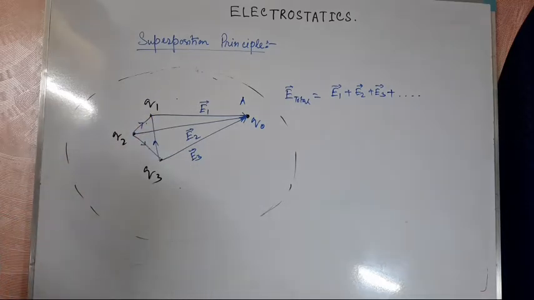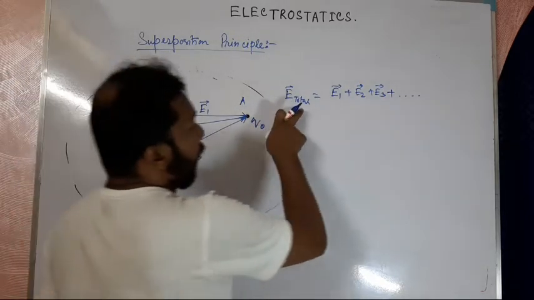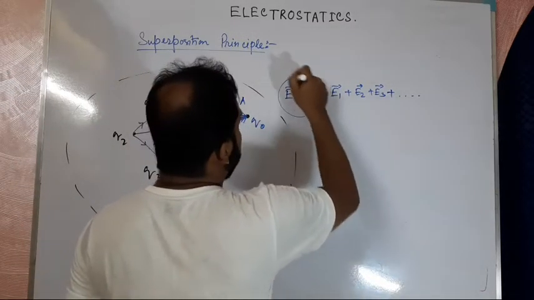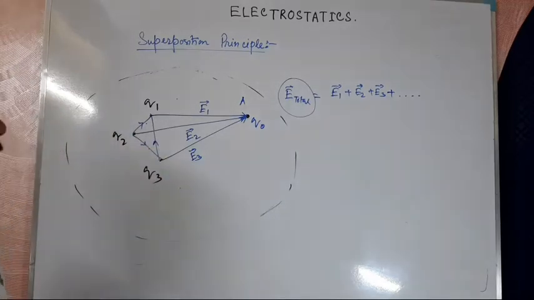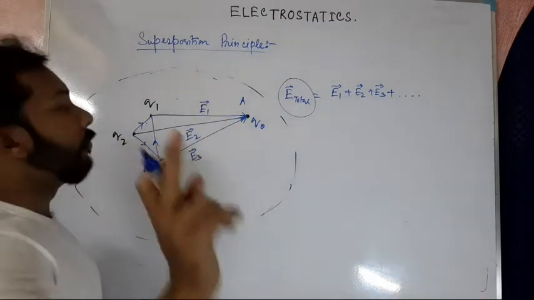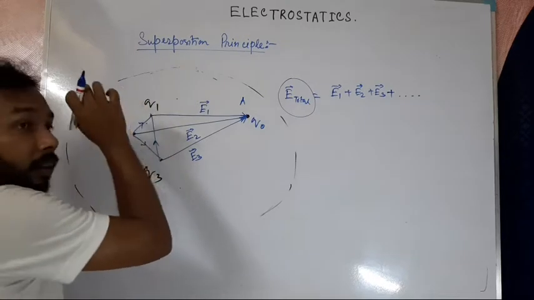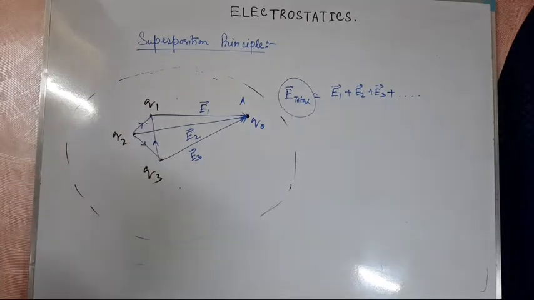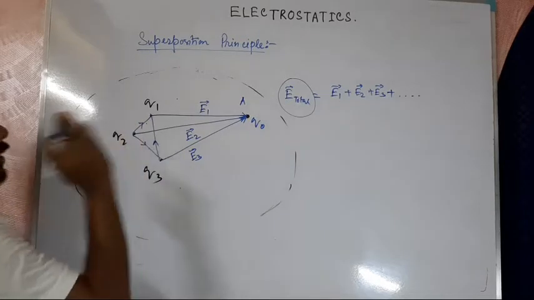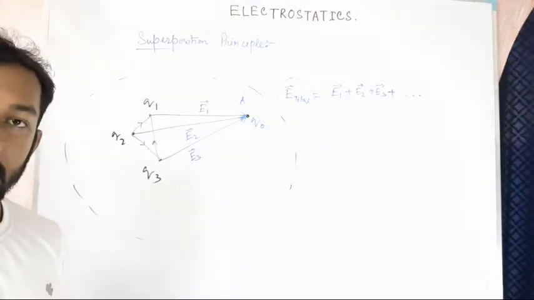In spite of that, we can find the total electric field at that position by adding the individual fields that would have been produced by the charges individually, independently, when the other charges were not present. What does it mean?